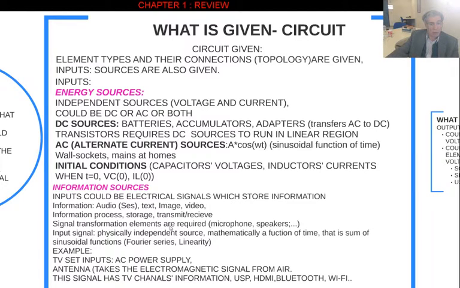Signal transformation elements are required. For example, for audio signals, this element is the microphone. The microphone transforms the audio signals to electrical signals. That's the transformation. So you can process these electrical signals within electrical equipment, and then the output of your electrical equipment is an electrical signal.